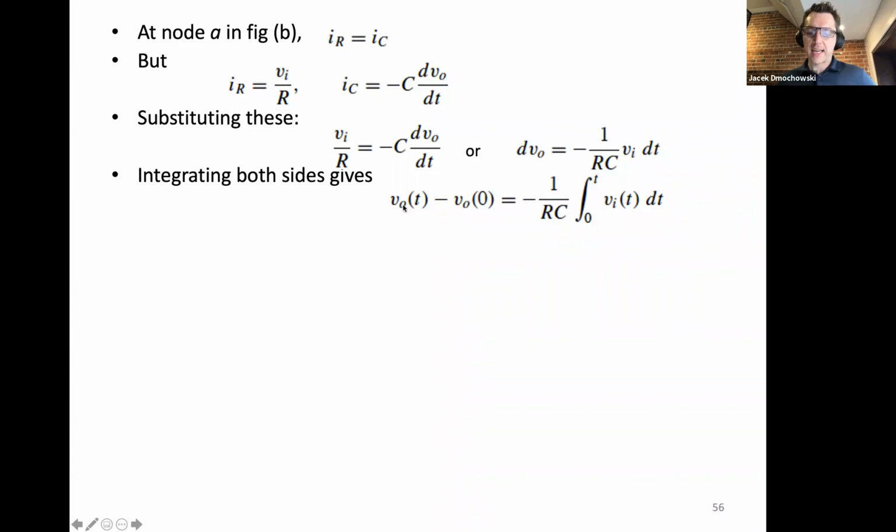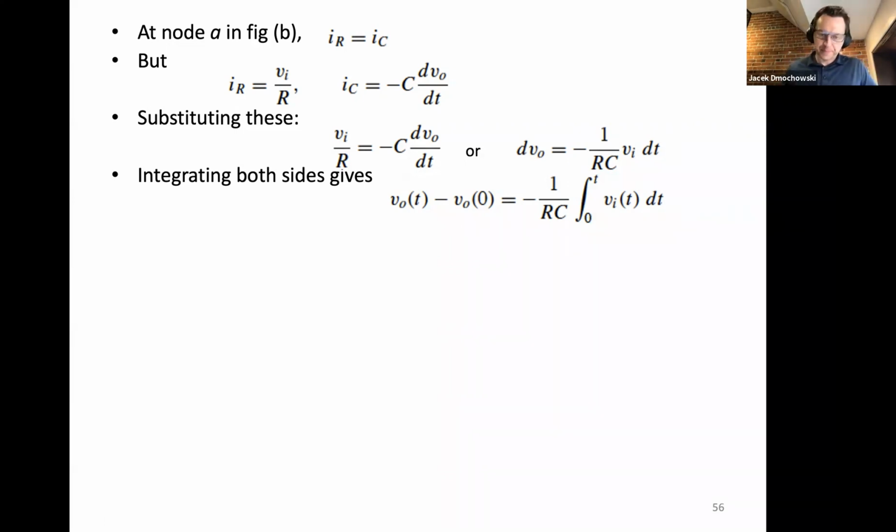And what you get is that the output voltage at any time t is equal to negative 1 over RC times the integral of the input voltage. So this is the first time that we see our RC time constant. You've probably heard of this. The product of R and C is going to define the time course of your integrator.